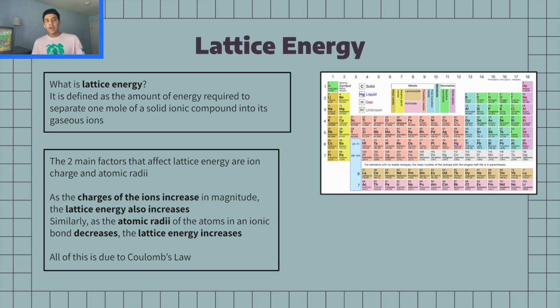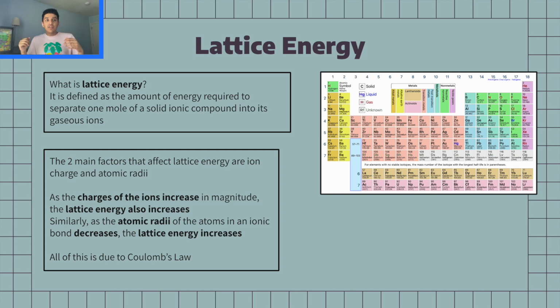We know that as we move across the periodic table, atomic radius decreases, and as we move down, it increases. Now, what does a bigger atomic radius do? Let me demonstrate with an example. Let's say you have 2 atoms with a really big atomic radius. That basically means they have so many electrons around them that the distance between them is huge because of the huge cloud of electrons in the middle.